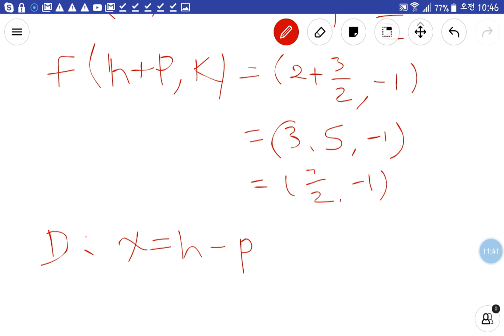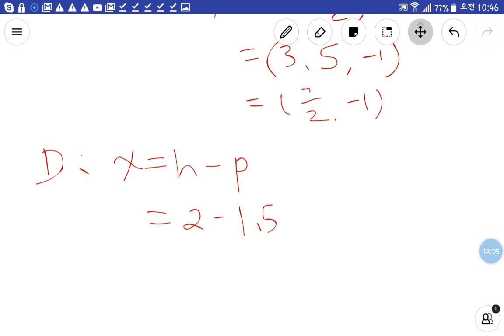So now my h is 2, and my p is 3 over 2, which is 1.5. So I got 1.5 here. Then what is going to be my answer? Which is 0.5, or half. Alright? Okay, so let's work on exercise 49.